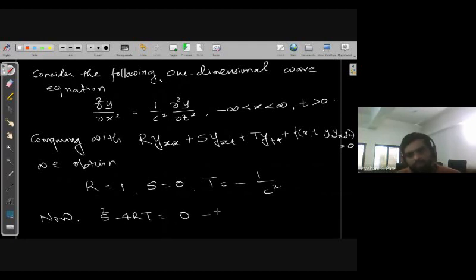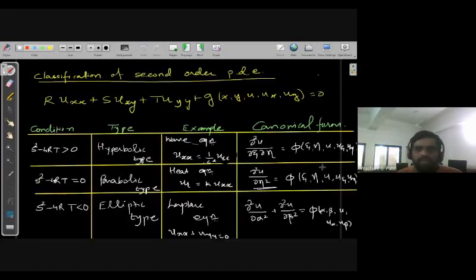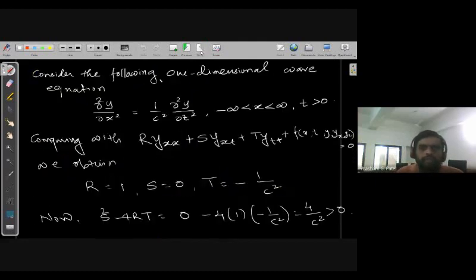So s is 0, minus 4, r is 1, t is minus 1 upon c square, so that gives me 4 by c square, which is always positive. Since this value is always positive, the given equation is hyperbolic type. That means this is a wave equation, and we have seen that the wave equation is an example of a hyperbolic type equation.